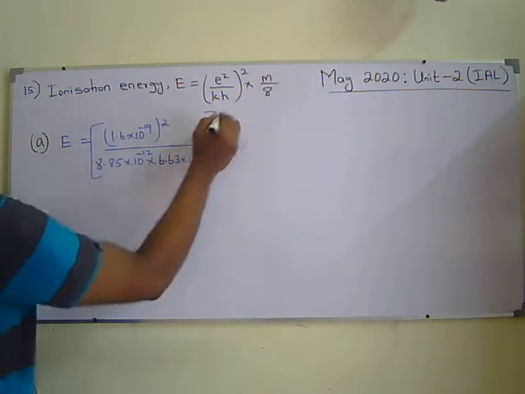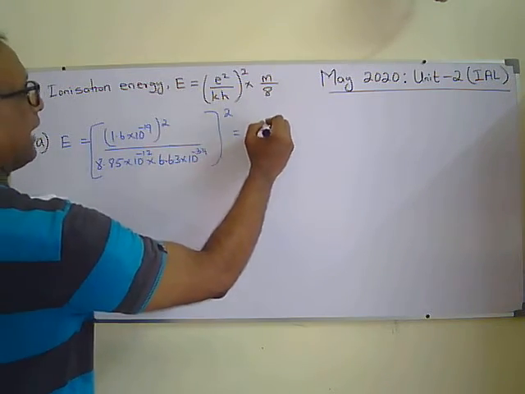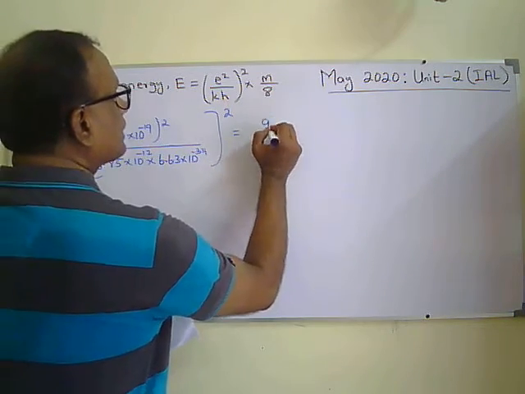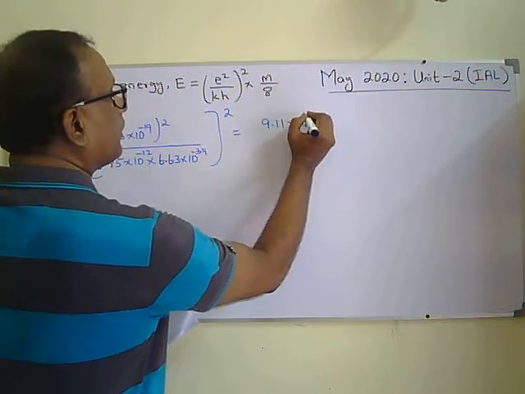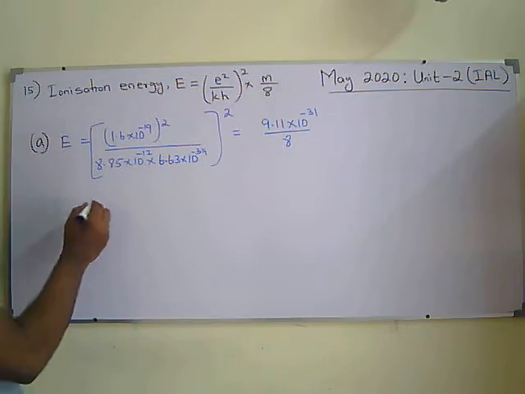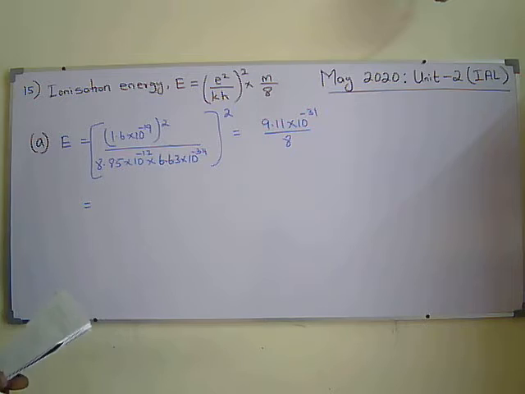So square the whole thing, equal to m, the mass of an electron, that is also given in the data sheet, 9.11 × 10^-31, over 8. So solve it. You will get the answer in joules.